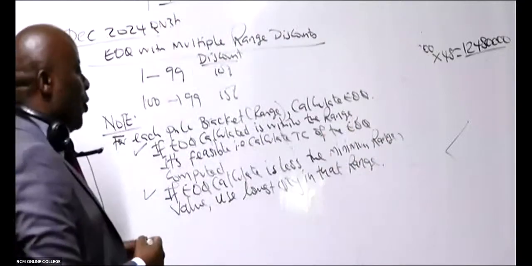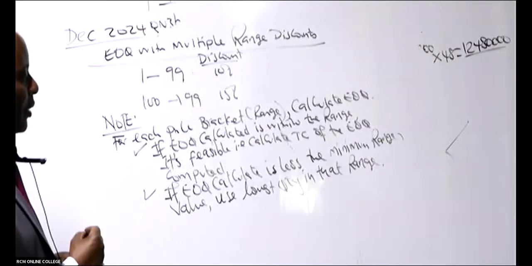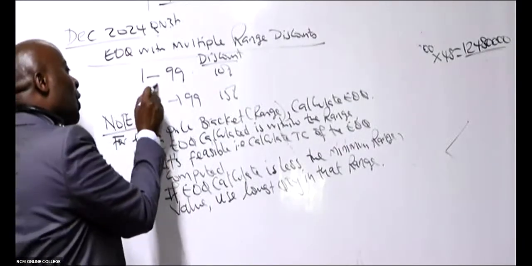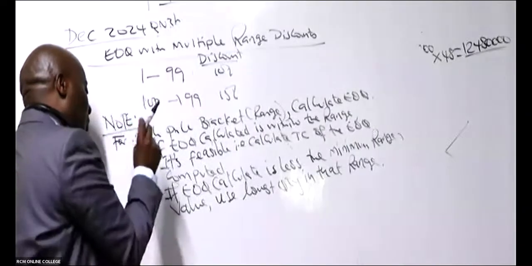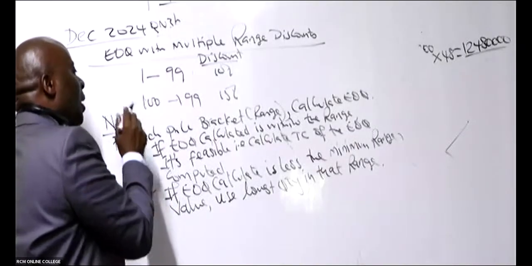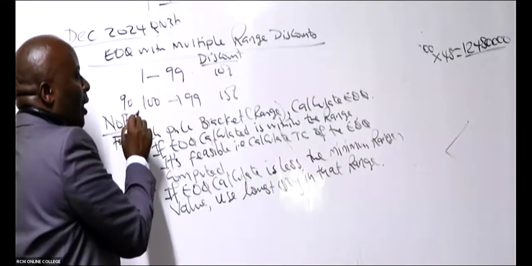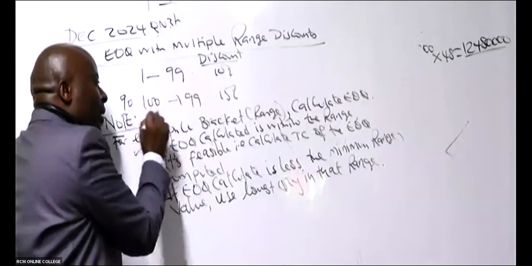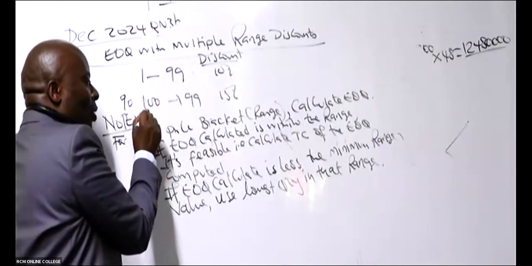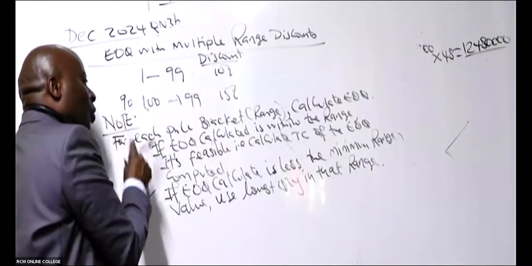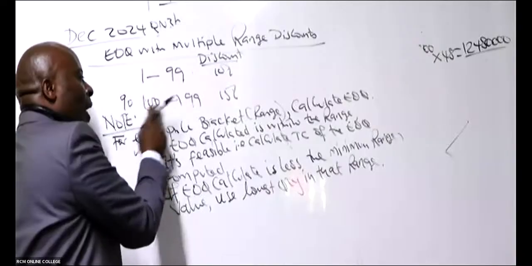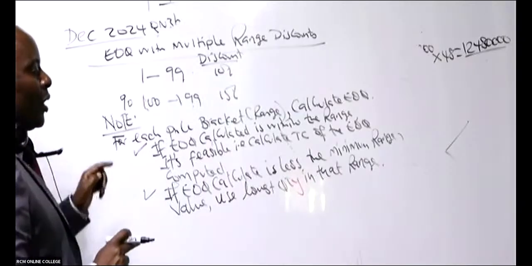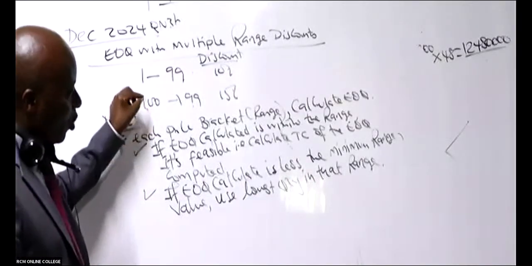For example, please listen to me very well. If you come to this particular class, you calculate EOQ, and get an EOQ of 90 for this class, then we shall compute the total cost of the minimum in this range. The minimum here is 100. So if the EOQ computed falls below the minimum value of this range, like 90 is lower than this, then we shall use the lowest quantity on that very range.